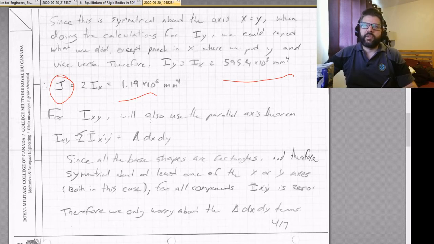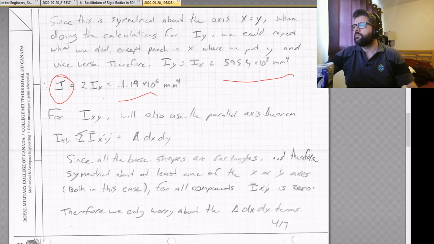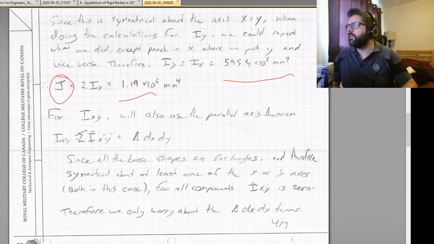Unlike the previous examples that we've seen, our product of inertia isn't going to be 0, because for this particular thing, neither the x nor the y axis is a plane of symmetry. There is a plane of symmetry, but it's not about that axis. So we need to find out what our product of inertia is. So the parallel axis theorem comes into play here.